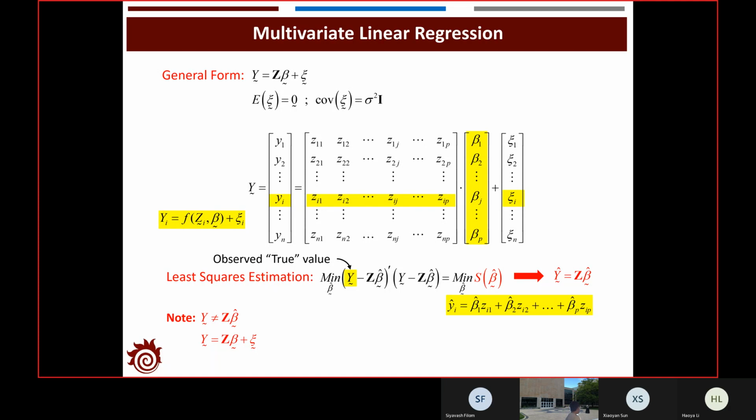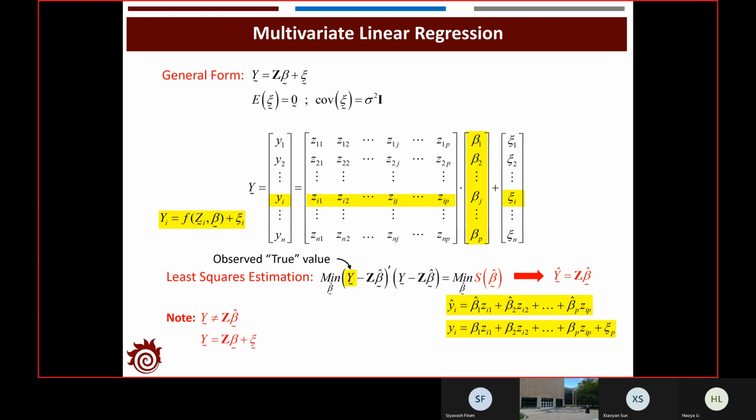So yi hat will be beta 1 hat times zi1, up to beta p hat times zip, which shows the estimated value of the ith observation. And you can also see the difference between the observed one and the estimated one. Basically, for the observed one, you have the true parameters, beta 1, beta 2 to beta p, and the random term.